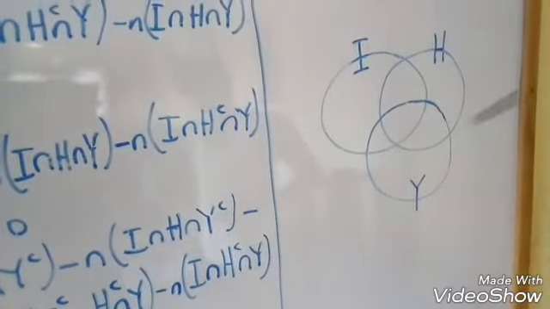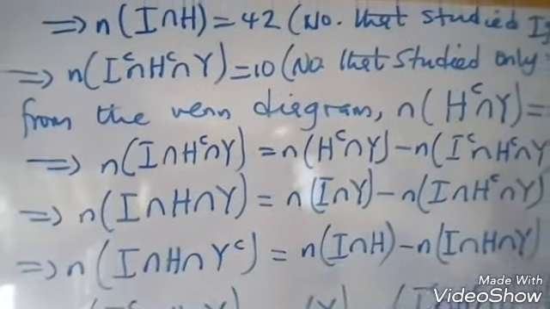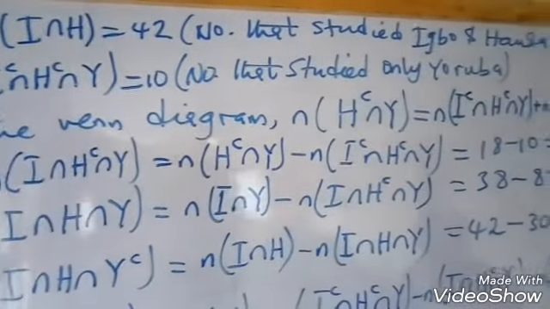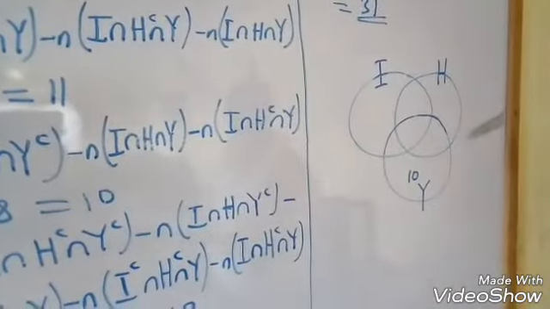In the diagram, we are told from the question that N of I complement intersection H complement intersection Y equals 10. That is the number that studied Yoruba only. That is here, is 10.